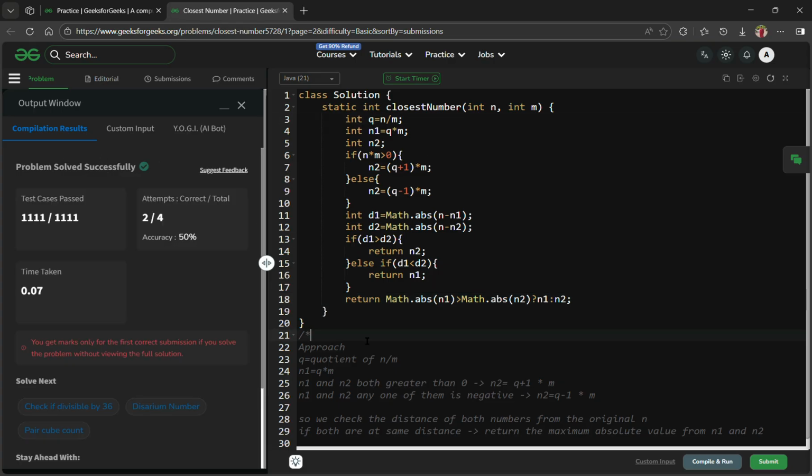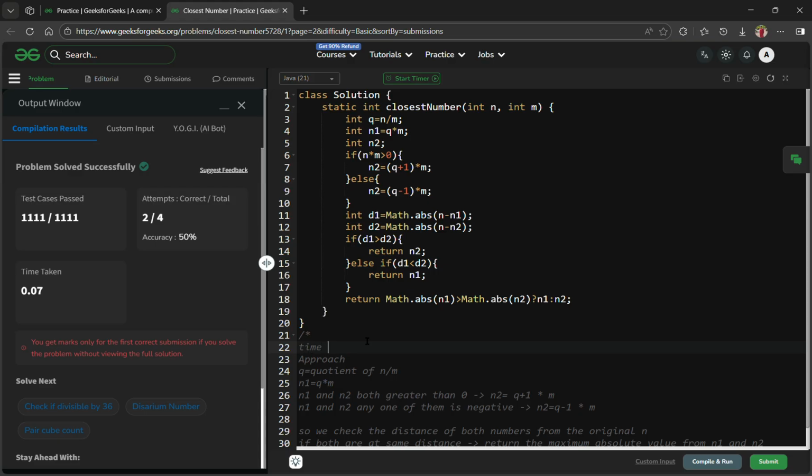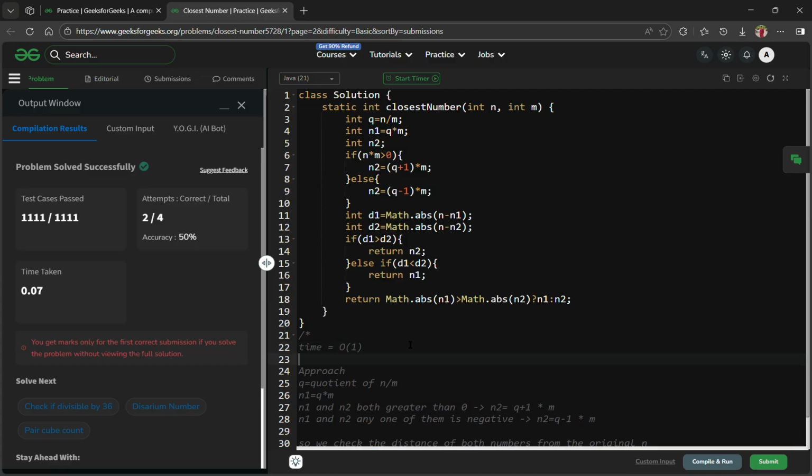Coming to the time and space complexity, we didn't use any loops, so time will be big O of 1. Next, space: we use some normal integer variables, 1, 2, 3, 4, 5, not more than that.